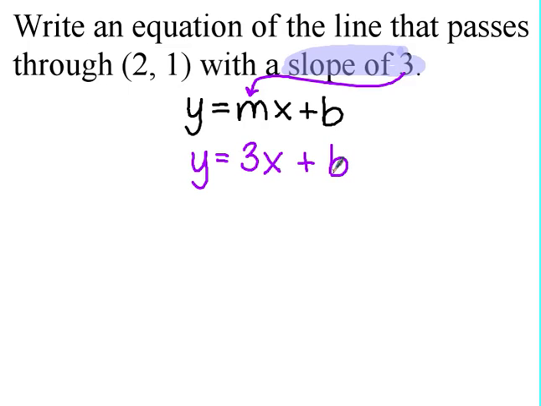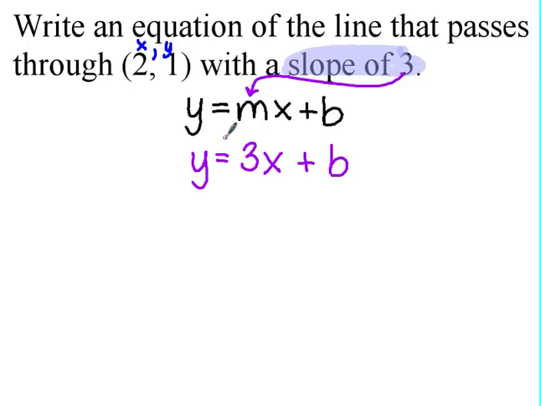Now if you notice, b is the y-intercept, correct? Do they give me the y-intercept in that problem anywhere? No. What do they give me? They give me a point. And I know that when I'm talking about a point, I am referring to an x-coordinate and a y-coordinate, correct?